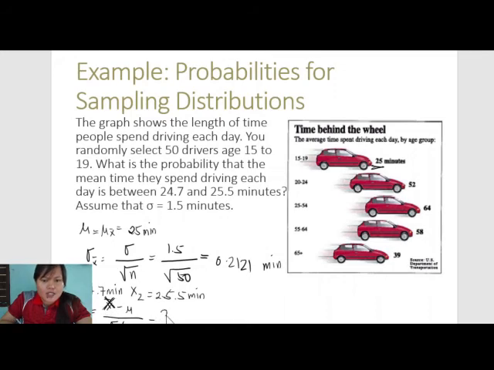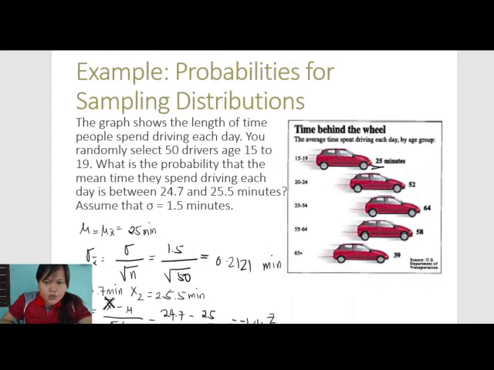And x is 24.7 minus 25 minutes over 1.5 over the square root of 50. That would be negative 1.41.